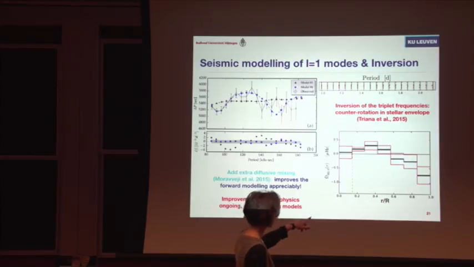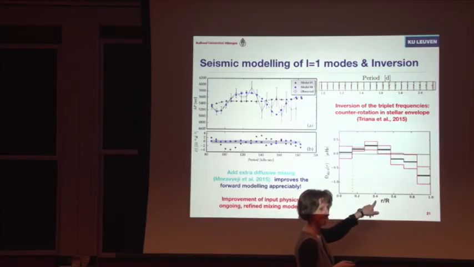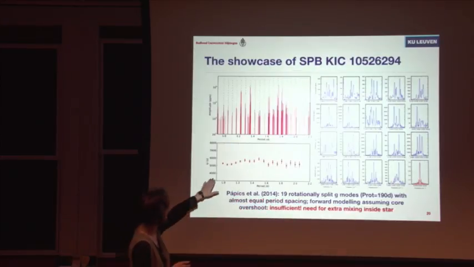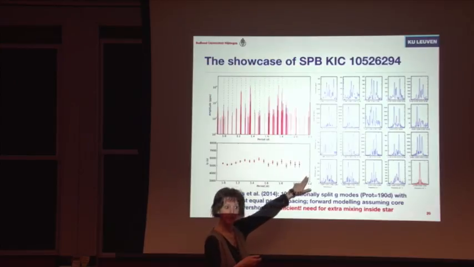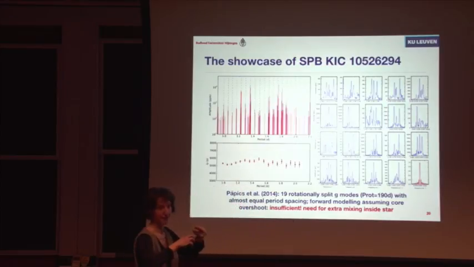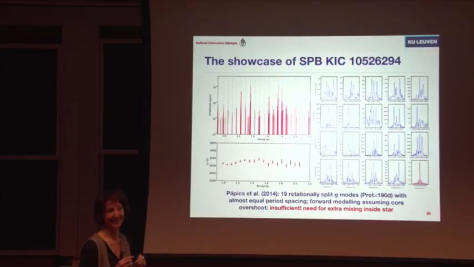So omega of r is the radial coordinate. So at the same radial coordinate, there is the same omega. Well, we cannot. If I put back up this slide, we only have 19 triplets detected in this star. So instead of hundreds and hundreds for the sun, we have to invert the rotation profile from 19 data points.